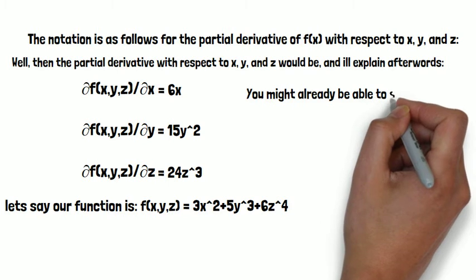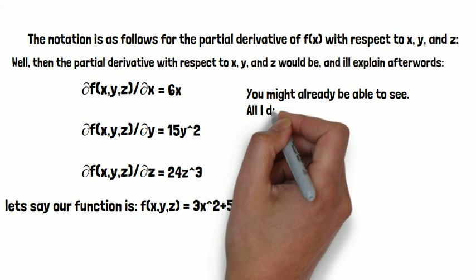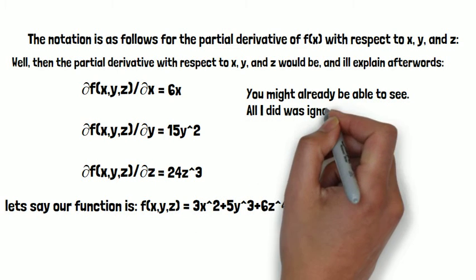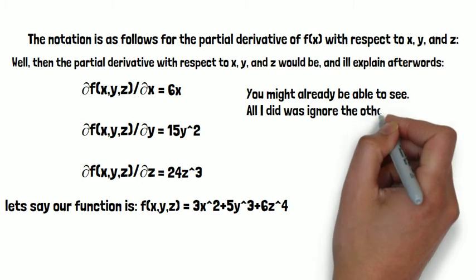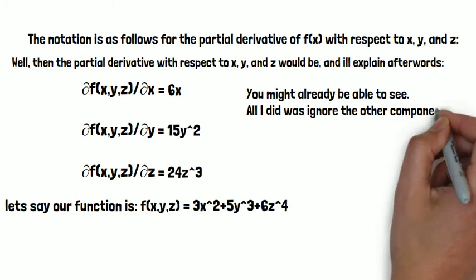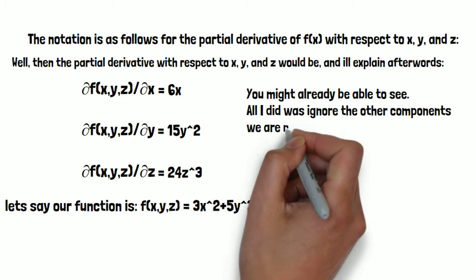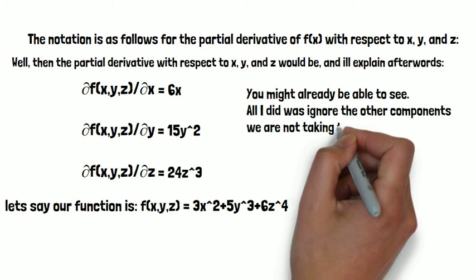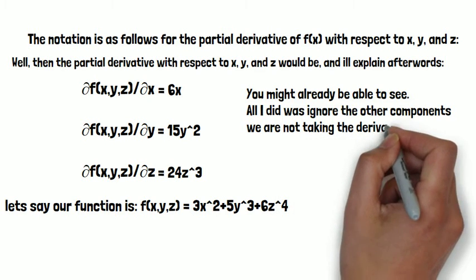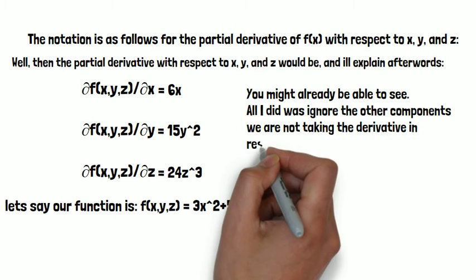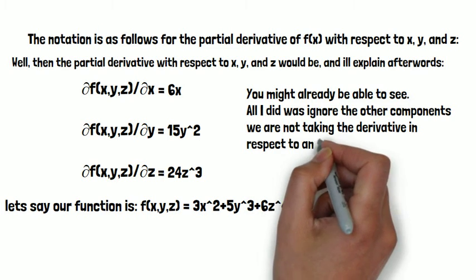Each of those components contributes to a direction in this 3-space, which we call R3. I wrote down the derivatives there: 6x, 15y squared, and 24z cubed. You might already be able to see what I was talking about. It's just the constants, and it's growing by that rate in each direction.